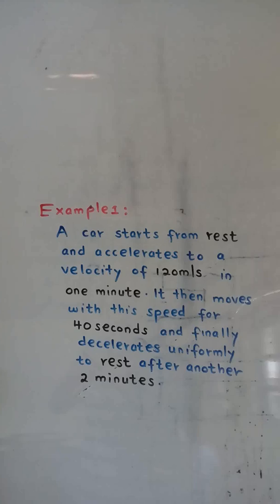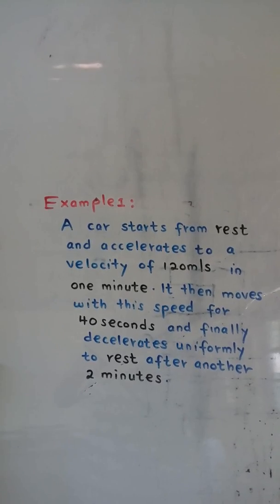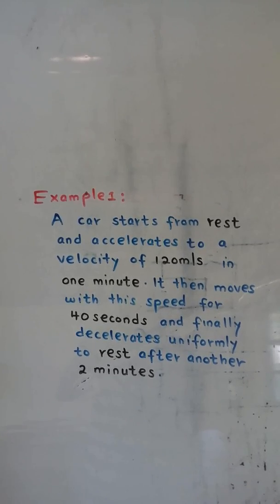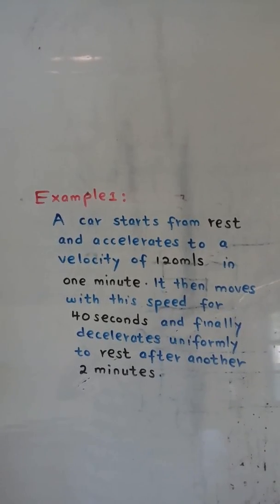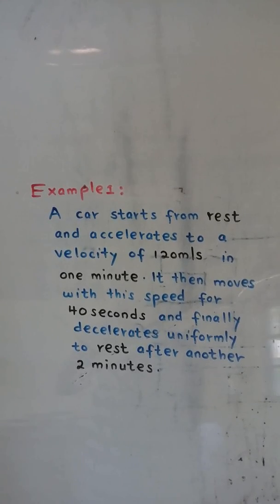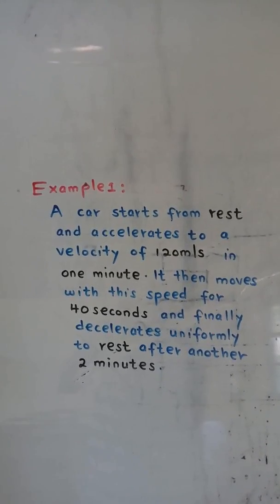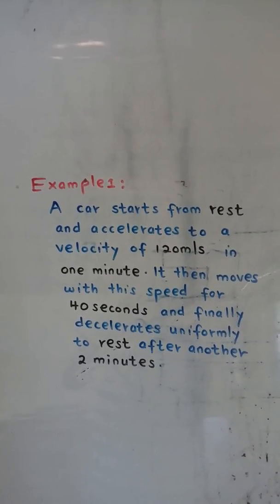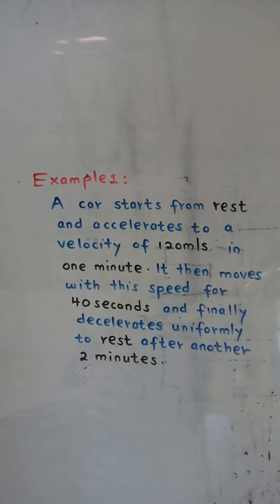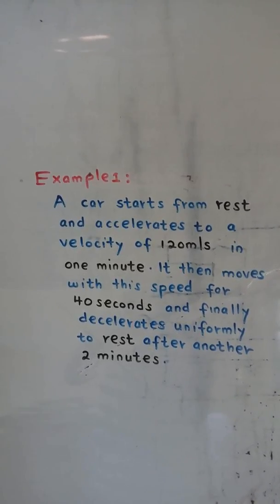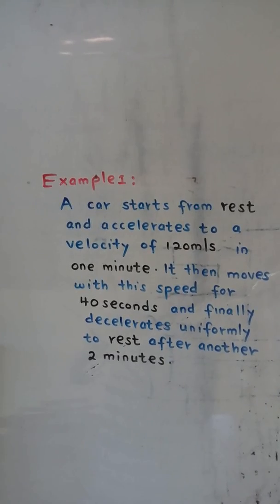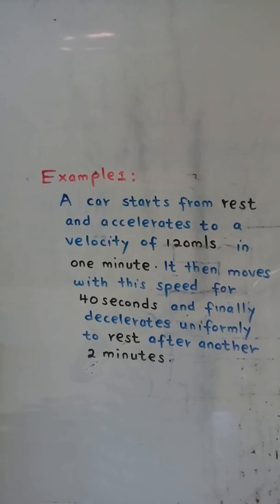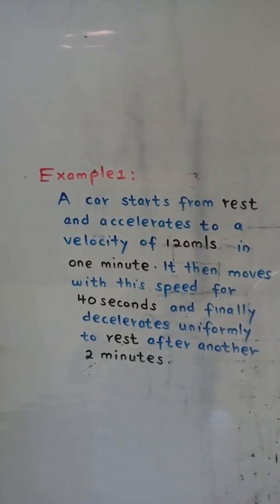Example number 1. A car starts from rest and accelerates to a velocity of 120 meters per second in 1 minute. It then moves with this speed for 40 seconds and finally decelerates uniformly to rest after another 2 minutes.